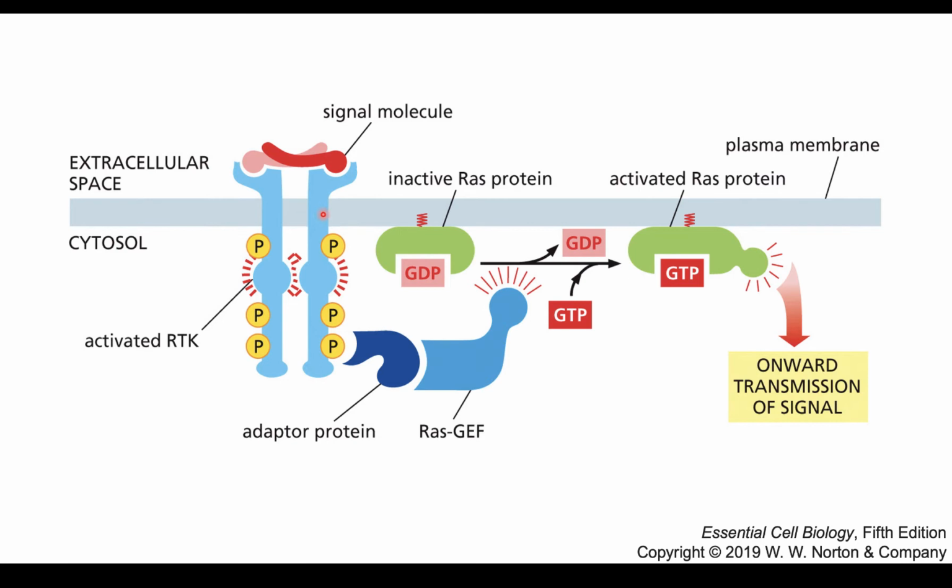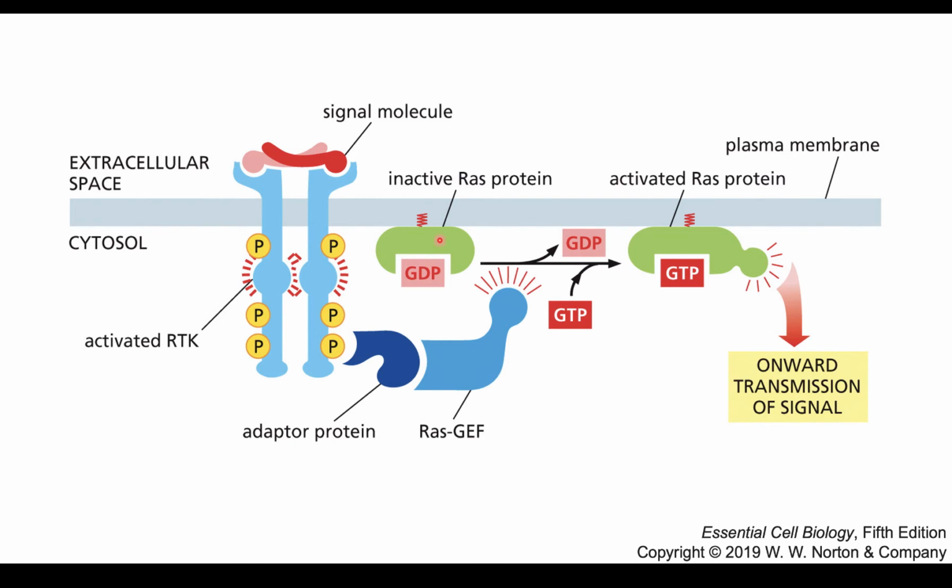We have phosphorylation of the receptor, binding of an adapter protein, which activates a GEF, a guanine nucleotide exchange factor. This guanine nucleotide exchange factor is acting upon a small G protein called RAS.